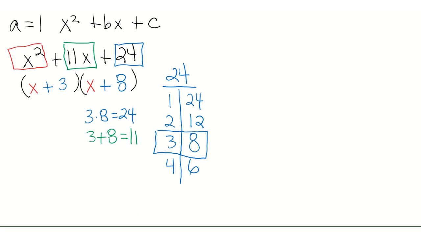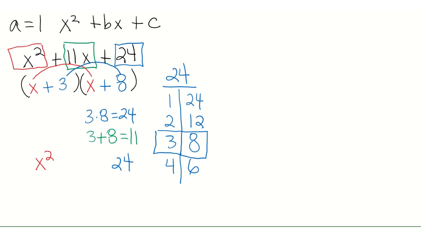And now I'm going to go ahead and double check this to make sure everything multiplies like I expect it to. So first we'll do our first terms. That's going to give me x times x is x squared. My last one, 3 times 8 is 24.